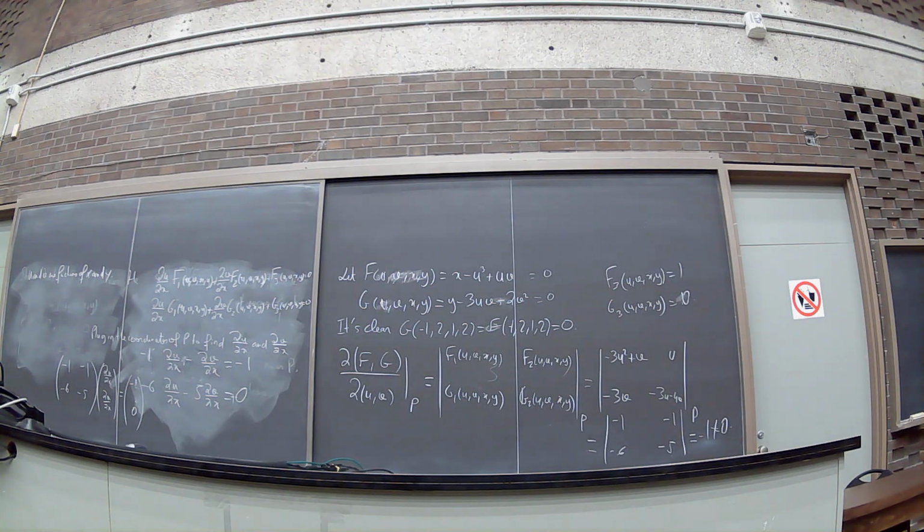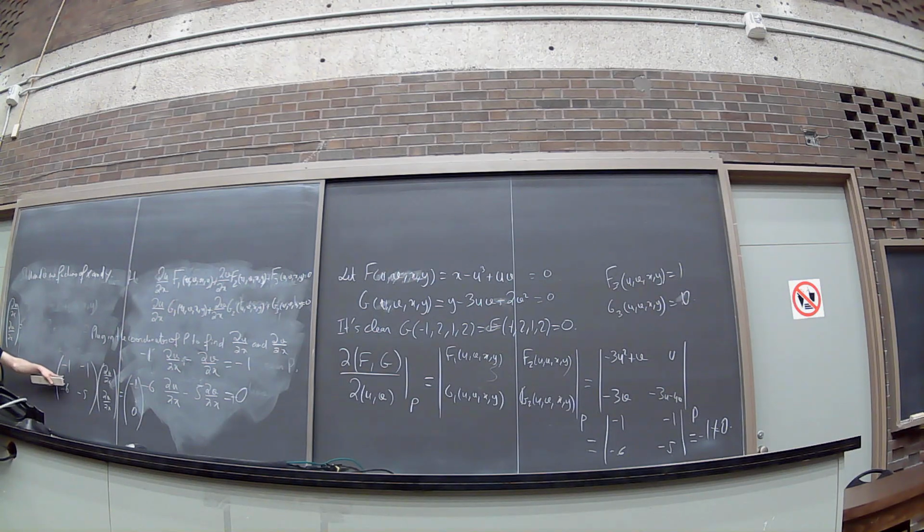Right? Then you solve for del u del x, del v del x. How do you solve for it? You can do it by matrices. It's the inverse of this matrix, right? What's the inverse of this matrix?